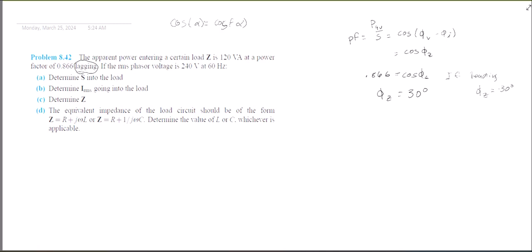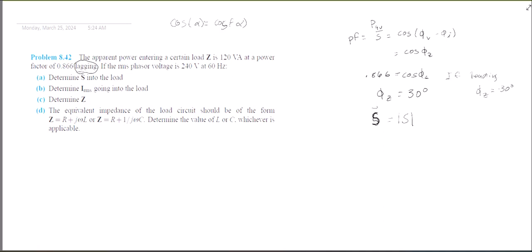And then, from this, we have our angle, so we can say that our complex power equals the absolute value of our complex power, which we know, the magnitude, is 120. That's the apparent power.